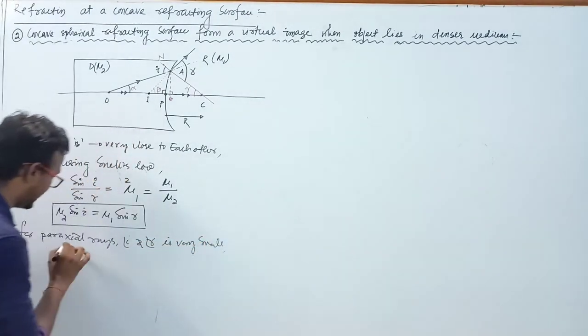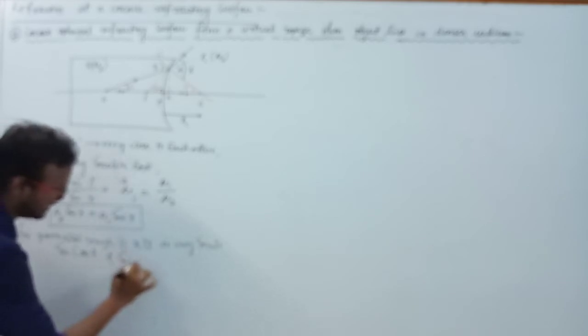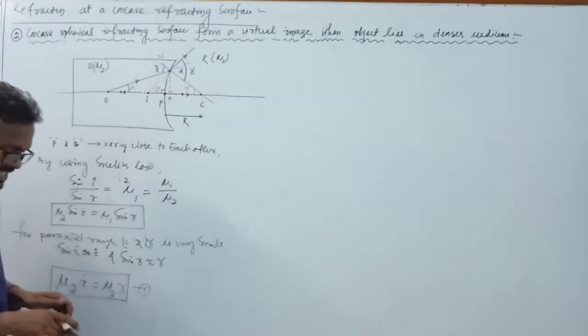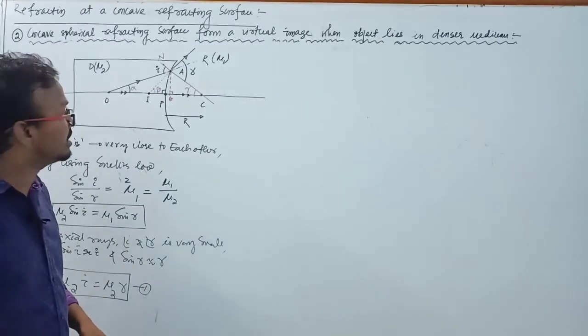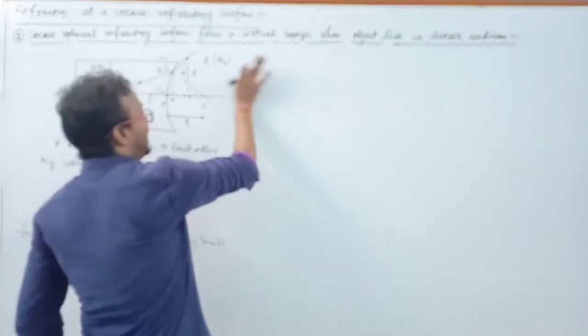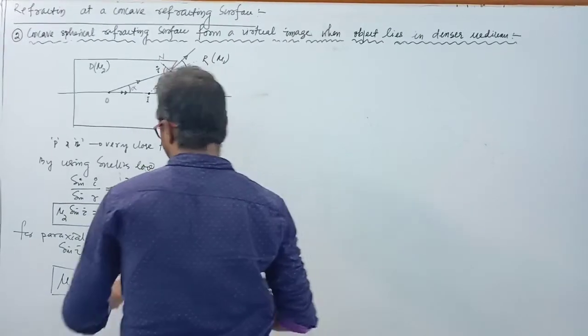So we can write sine of the angle of incidence as nearly equal to I, and sine of the angle of refraction as R. This relation becomes mu2 I equal to mu1 R. Clear? Now we have to find the values of I and R.